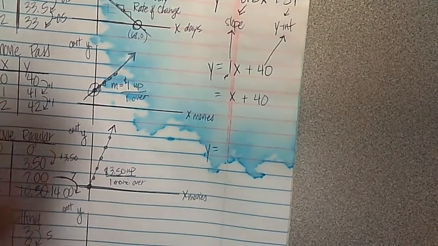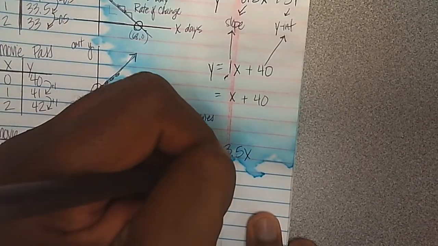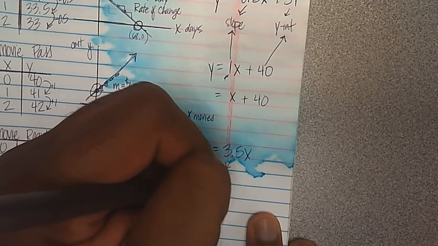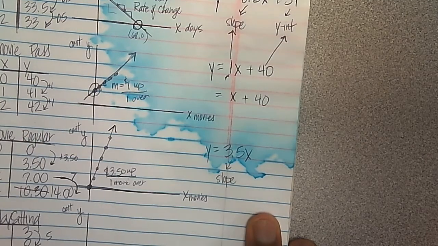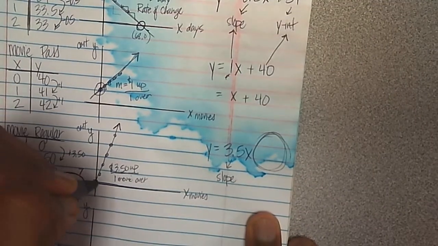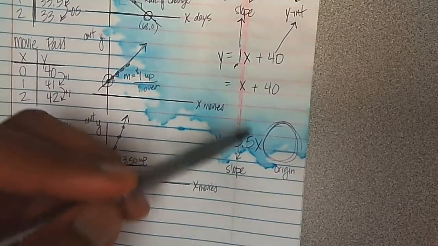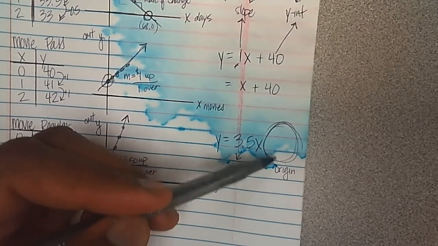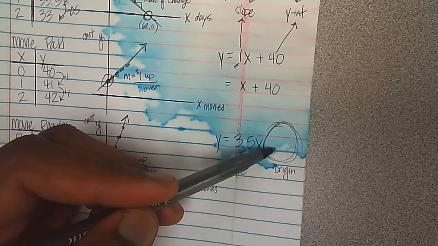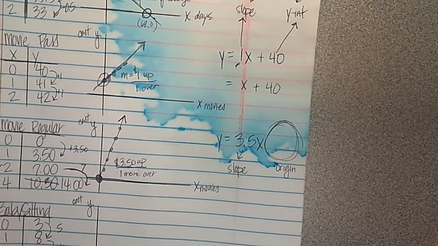Y equals 3.5x. This is your rate of change, is your slope. And you'll notice that if you don't have anything back here, you start at the origin. Because if you go to 0 movies, you have 0 costs. So if you don't see anything, it's at the origin.